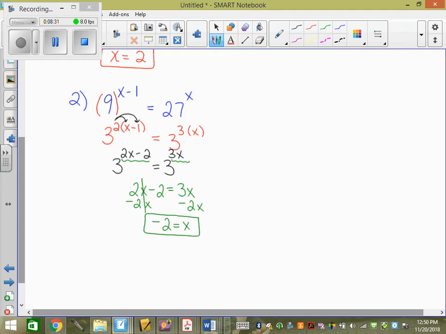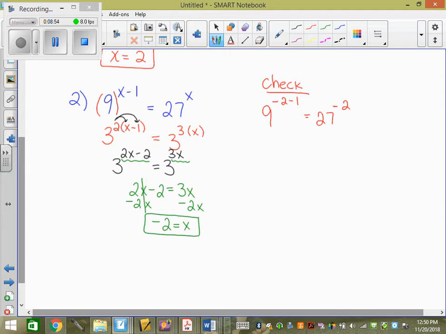Now I hope I'm right. Is hoping you're right a good situation? No. Is checking you're right much better? So we are going to check it or verify it. So it's going to be 9 to the negative 2 minus 1 equals 27 to the negative 2.